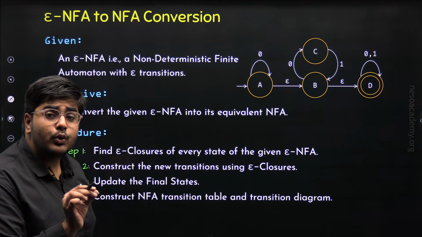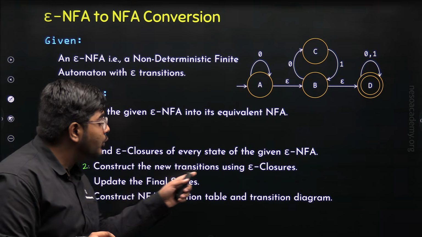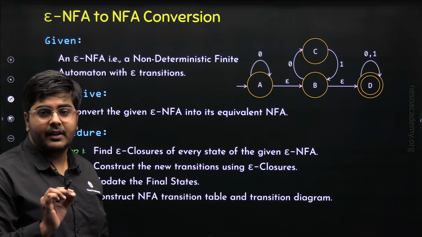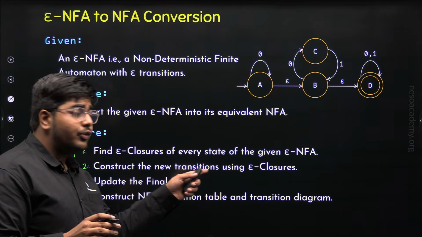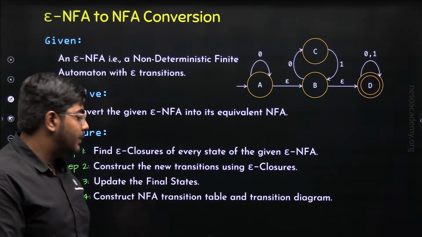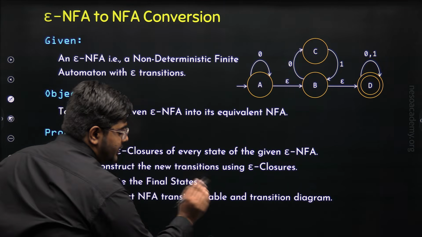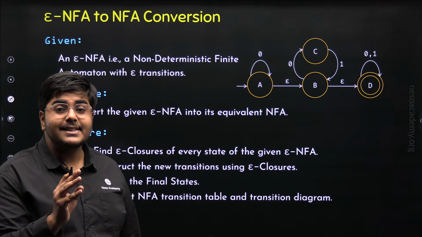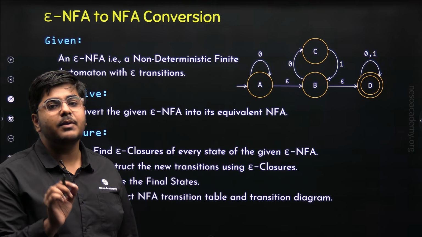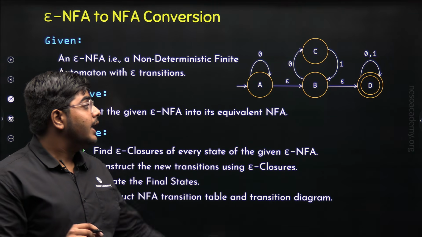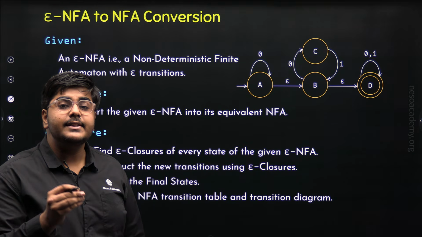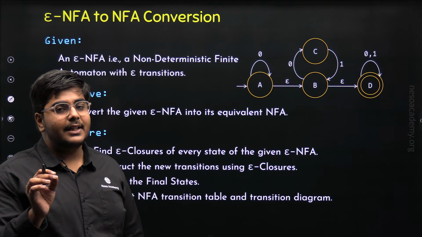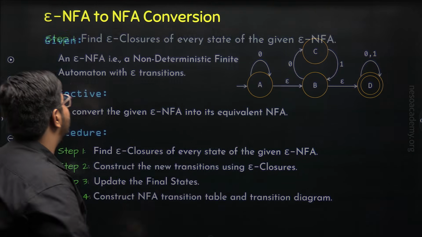In step number 2, we have already calculated the new transitions of our NFA. So from these new transitions, it is very simple to create the NFA transition table and NFA transition diagram. So these are the 4 steps that we will perform in order to convert an epsilon NFA into its equivalent NFA. Let's start with step number 1.